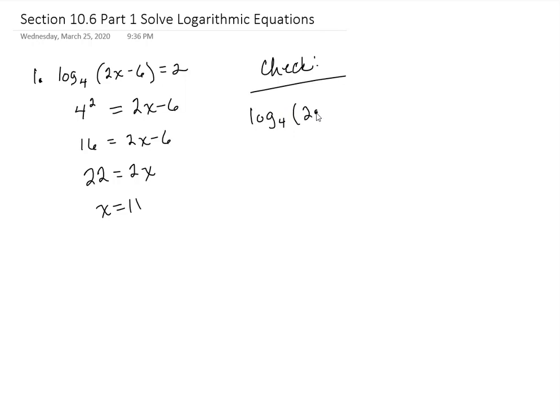So I'm going to have 2 times 11 minus 6 there in parentheses, and I'm checking to see, does all of that equal 2? So I have the log base 4, 22 minus 6 is 16, and that equals 2, right? 4 squared is 16, so that works.